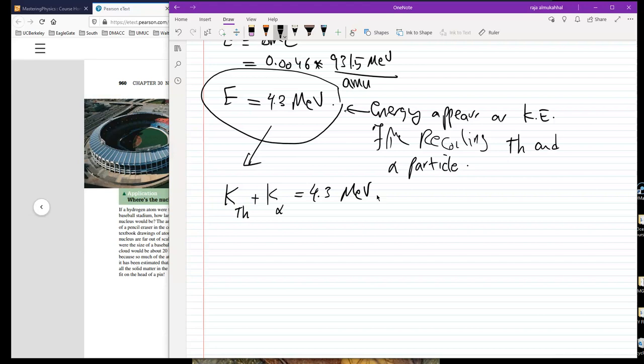What do you think? Now remember, the mass of thorium is much, much greater than the mass of the alpha. So this means that the kinetic energy of the alpha would be greater than the kinetic energy of the thorium, right? It's so small, so it's going to take it up and will go faster. Okay, good.